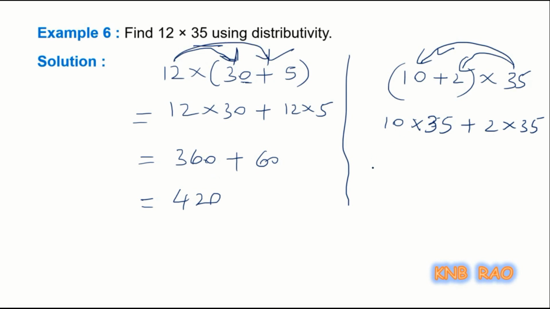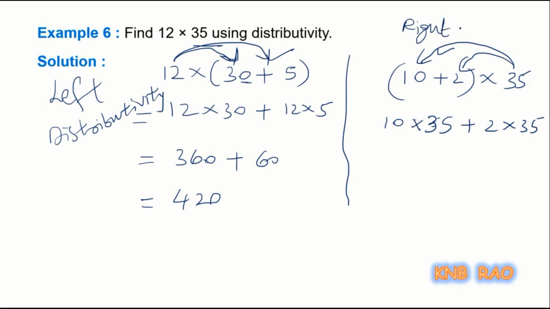Both are same, but you will be learning in your later classes this distributivity as two separate distributivities. Here 12 is multiplying from the left side. This is called left distributivity, whereas here 35 is multiplying from the right side. This is called right distributivity.